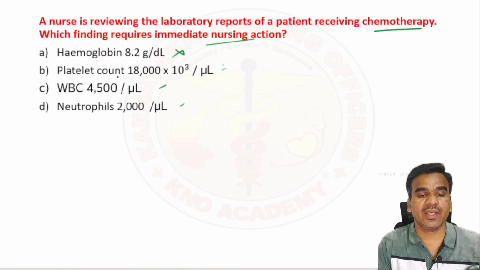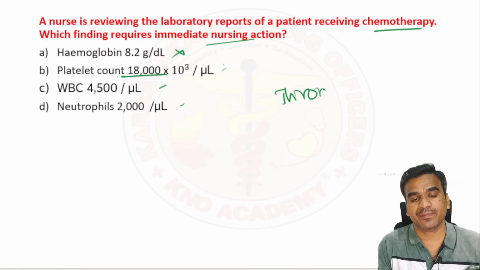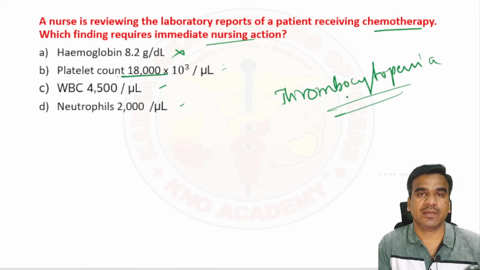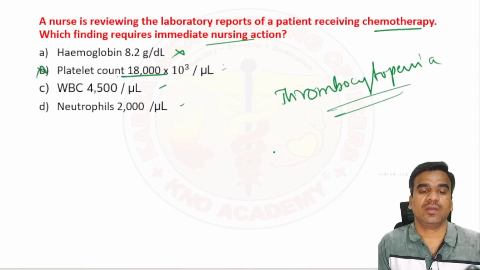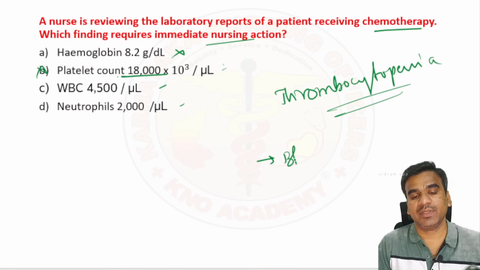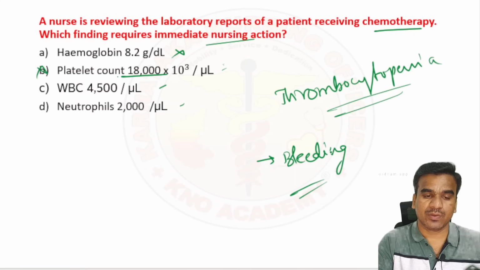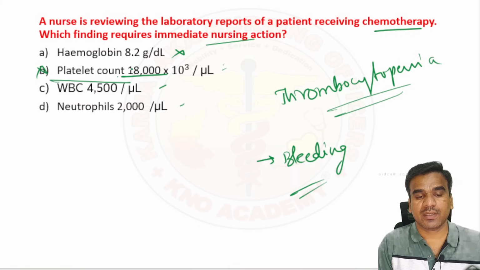So the main problem is thrombocytopenia, a decreased level of platelets. So this should be the immediate action. Why? Bleeding tendency will be there, we all know. So we have to consider the platelet count.